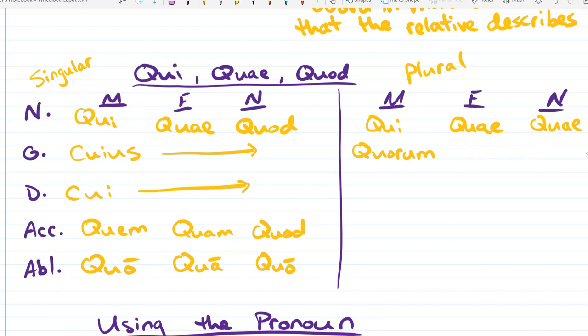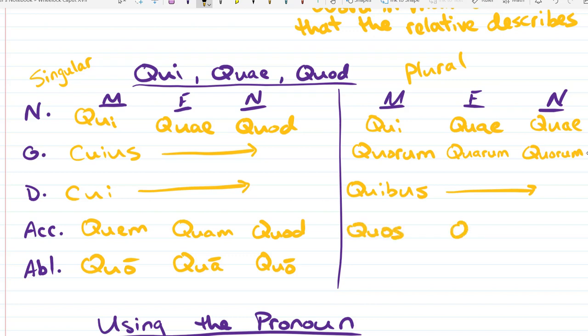Dative is quibus, and we've had that ending before in the third declension. It's the same for all three. Accusative is quos, quas, and again nominative and accusative neuter are the same. Then quibus again for ablative.